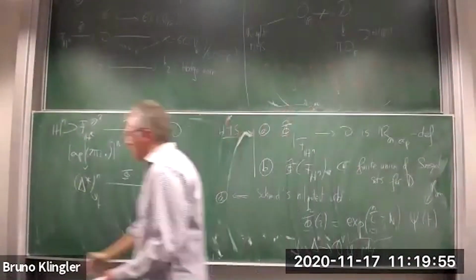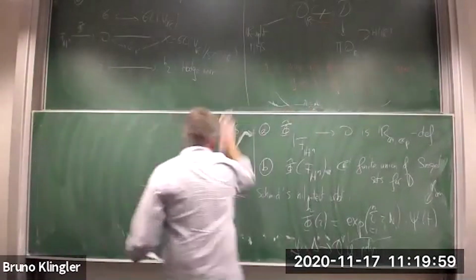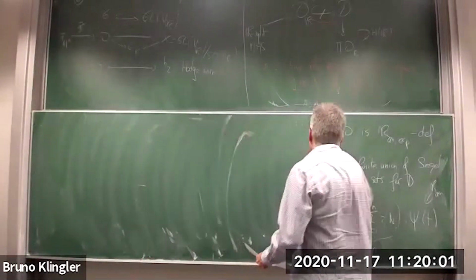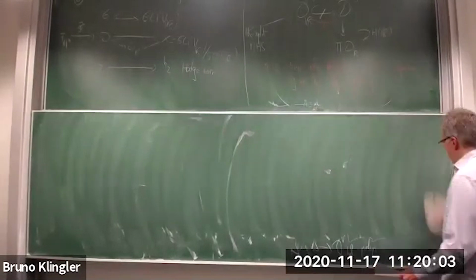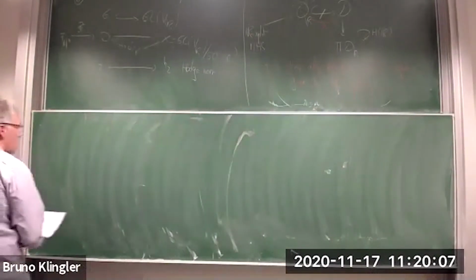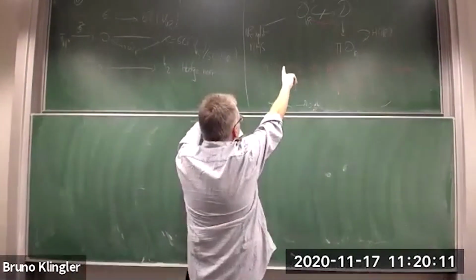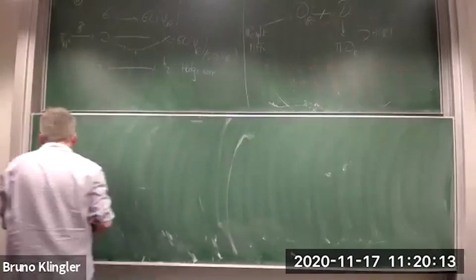So now, what is the idea? The idea is that it's enough to construct a nice fundamental set for D_R under the action of gamma.